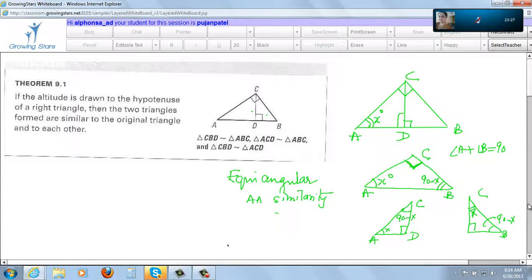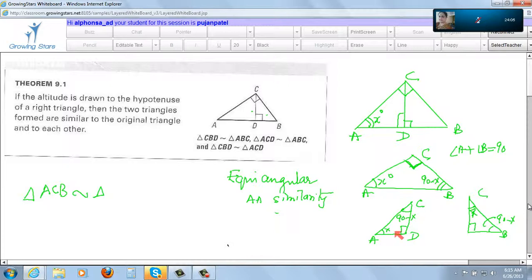All three triangles are similar, but when you write the similarity statement, you should put the order correctly. We'll start off with the full triangle, ACB. Look at the previous one: ACB would be x, 90, 90 minus x. So how would you write it in this triangle?